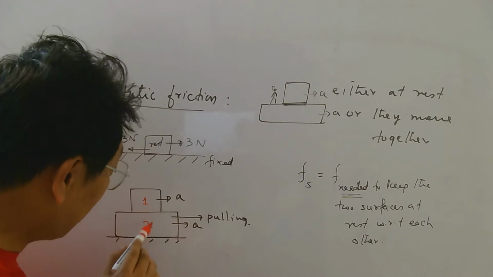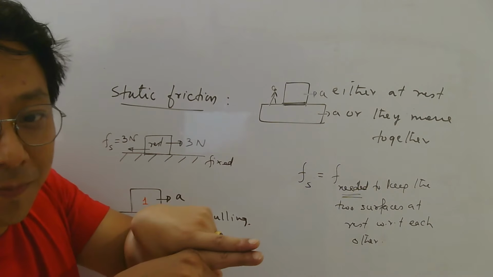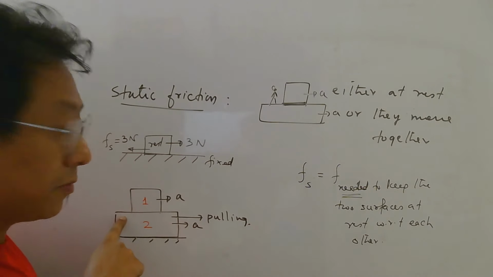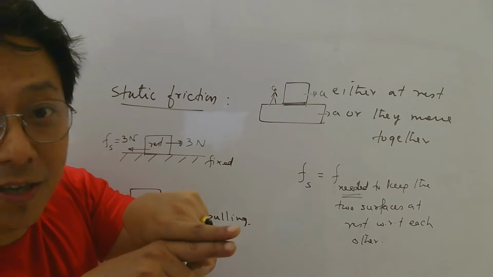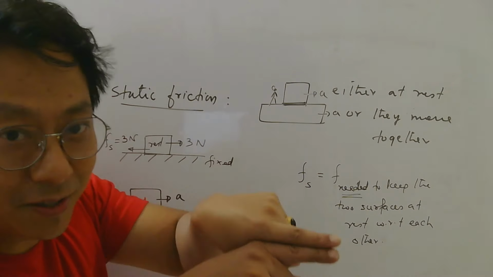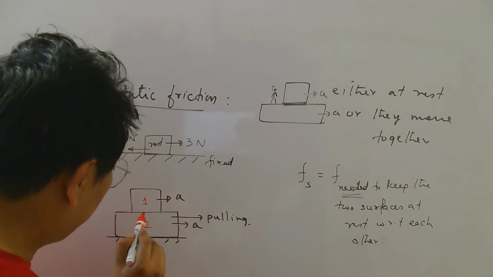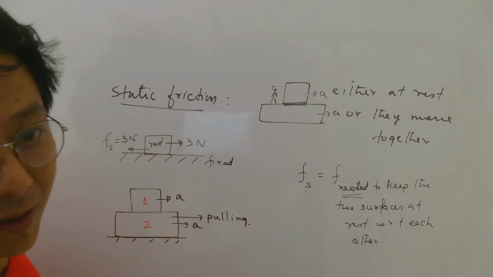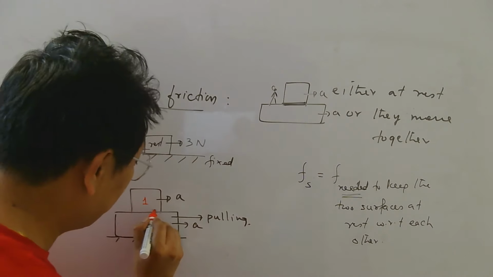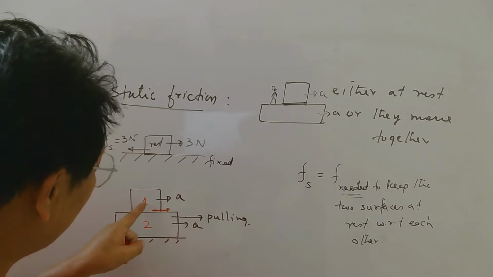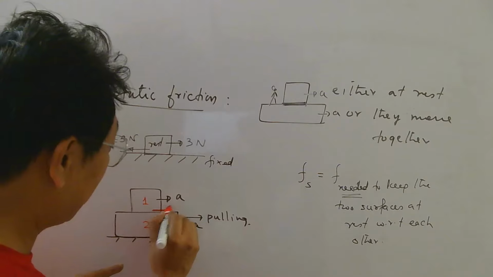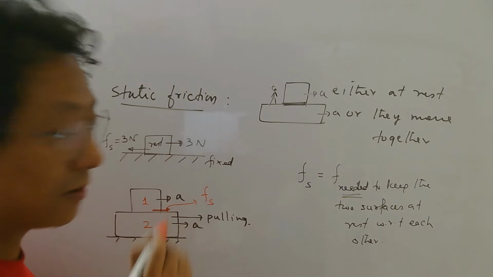Now, because they move with the same acceleration, if you sit in one of the blocks, you will see the other block is at rest, right? So therefore the friction here will be static, and it is only the friction force that can give this acceleration to this block. So that friction force will be static.